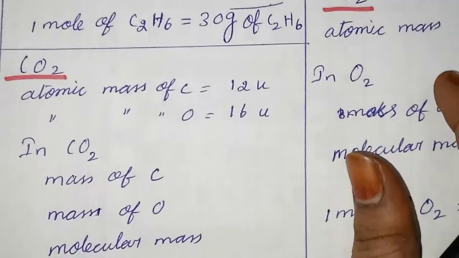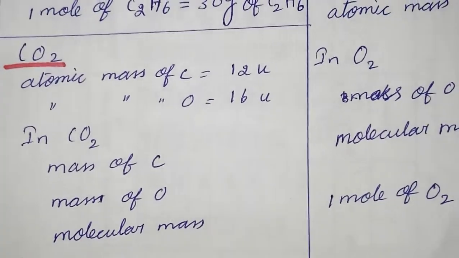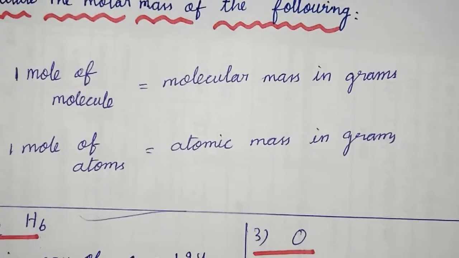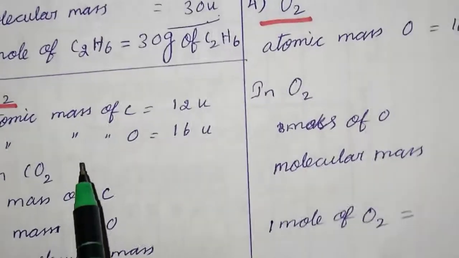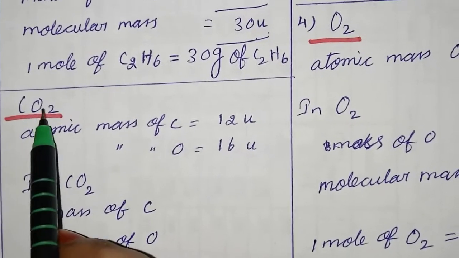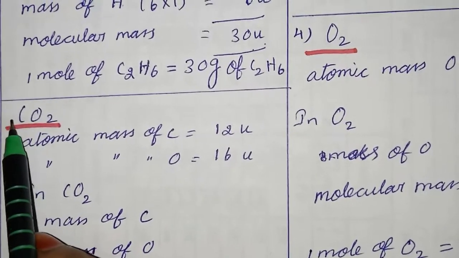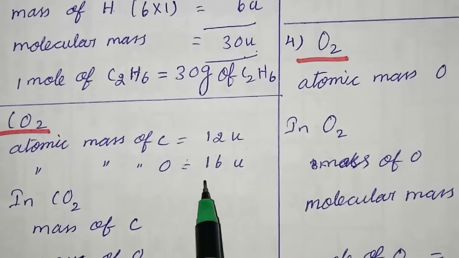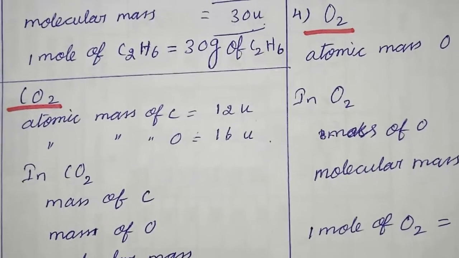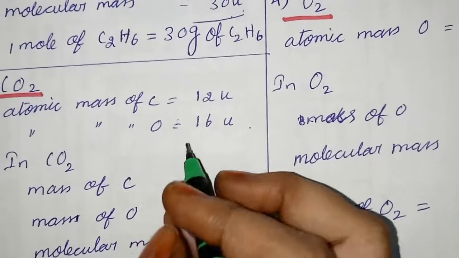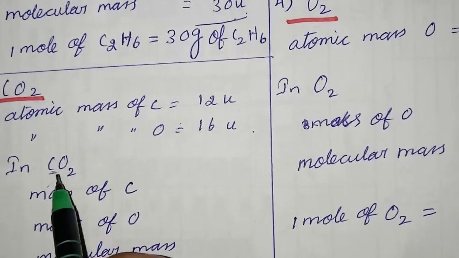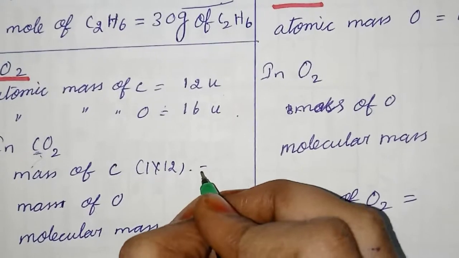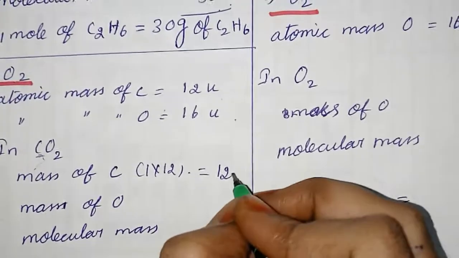Okay, next problem, CO2. CO2 is a molecule, so we use the formula: 1 mole of molecule is equal to molecular mass in grams. Here 2 kinds of atoms are there, one is carbon and another one is oxygen. Atomic mass of carbon is 12U. Atomic mass of oxygen is 16U. In carbon dioxide, only 1 carbon atom is present, so 1 into 12 is equal to 12U.